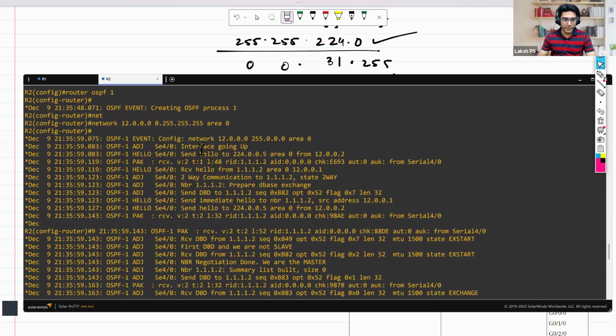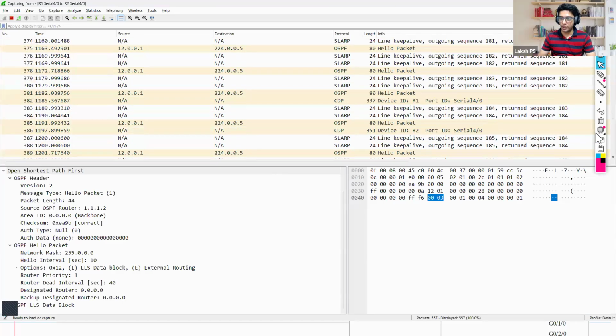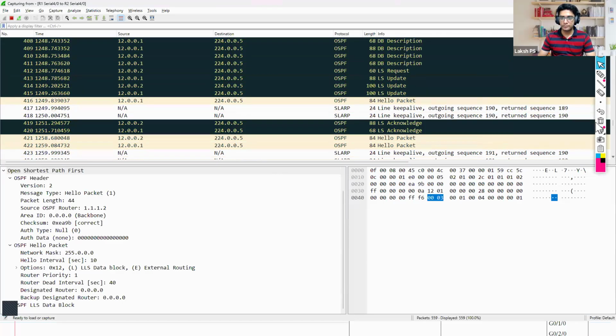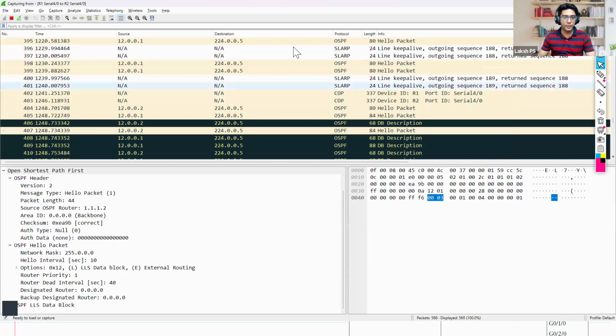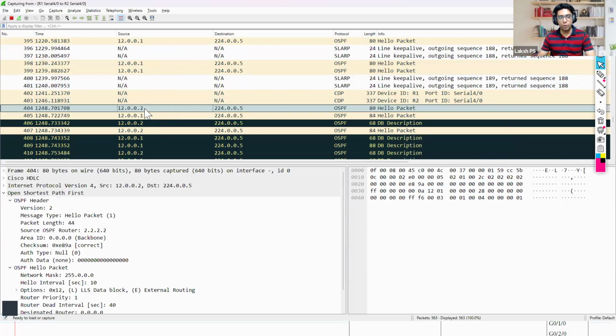Not only R1, R2 is also sending hello messages from this particular interface. And when it sends those hello messages, what information is it sending? Let's check that through Wireshark. You can see here, till here, R1 was sending the OSPF hello messages. R2 also sent the OSPF hello message. On R2's side, what information is present?